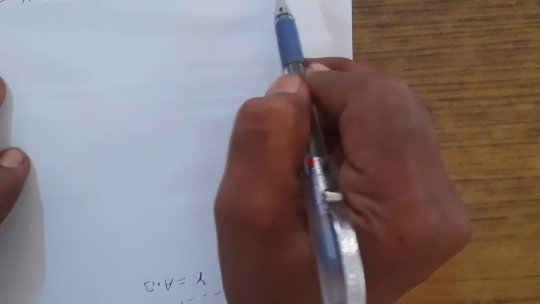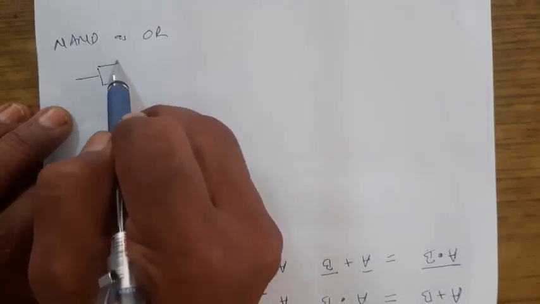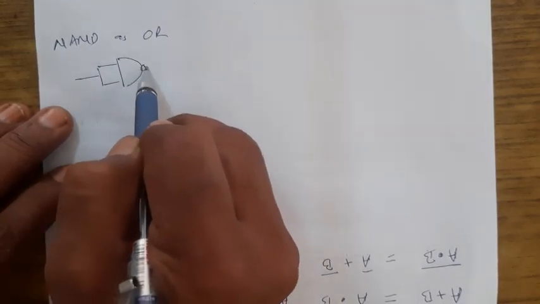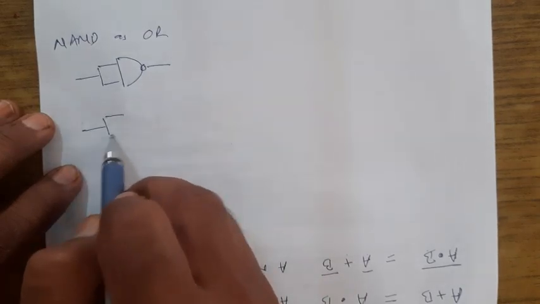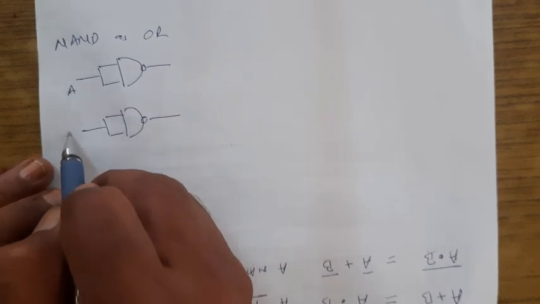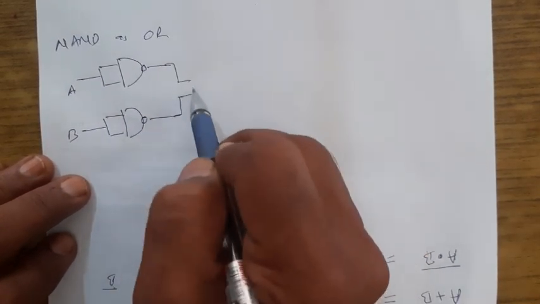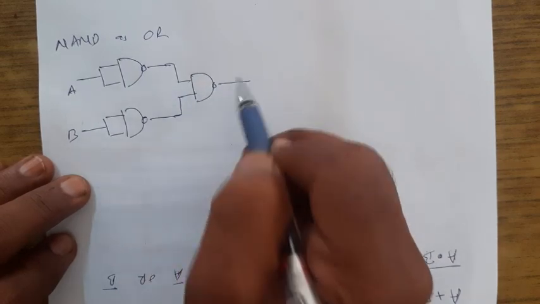Here I have observed that the OR is nothing but NAND of complements, and therefore I will have to first make the complement using a NAND gate. Therefore I will have to implement the NOT using two NAND gates. Here the input is A, here the input is B, and I will provide the output of these two NOT gates to one more NAND gate.